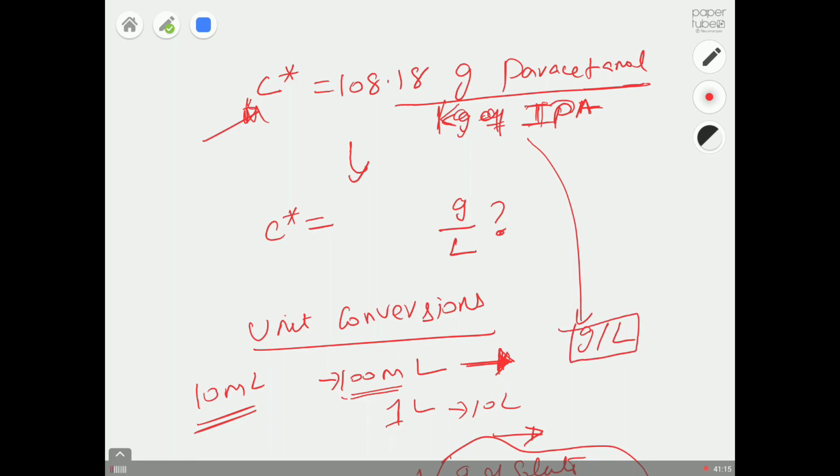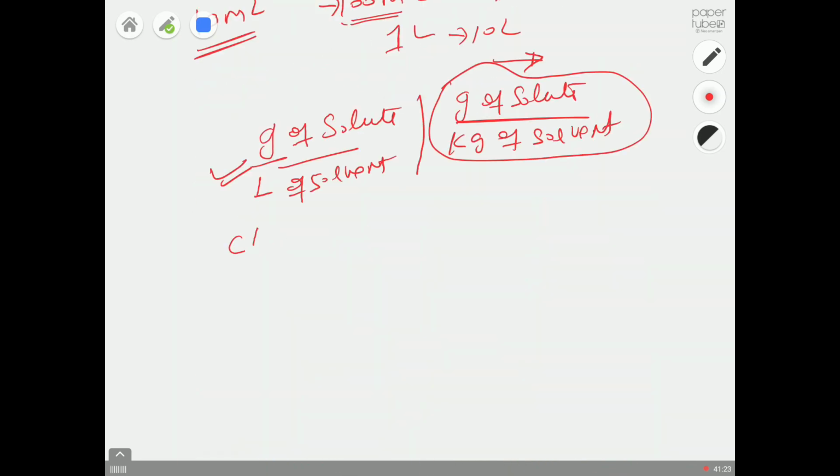So we need to convert our solubility concentration into grams per liter, and then I will give you the data as time versus concentration, with concentration expressed in terms of grams per liter. So hope up until this point is okay.